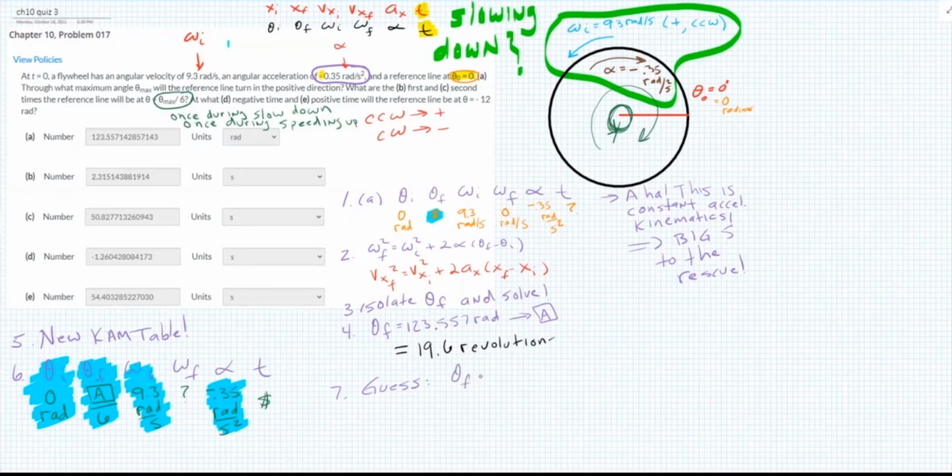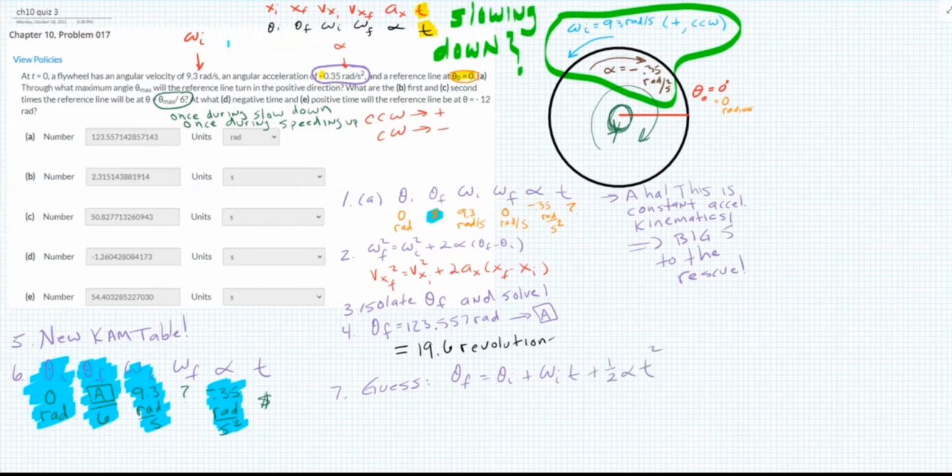Theta final equals theta initial plus omega initial T plus 1/2 alpha T squared.